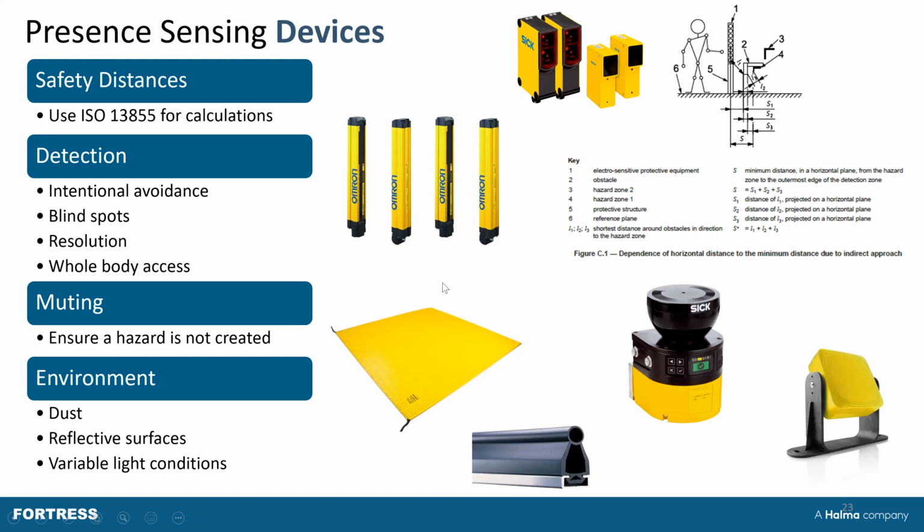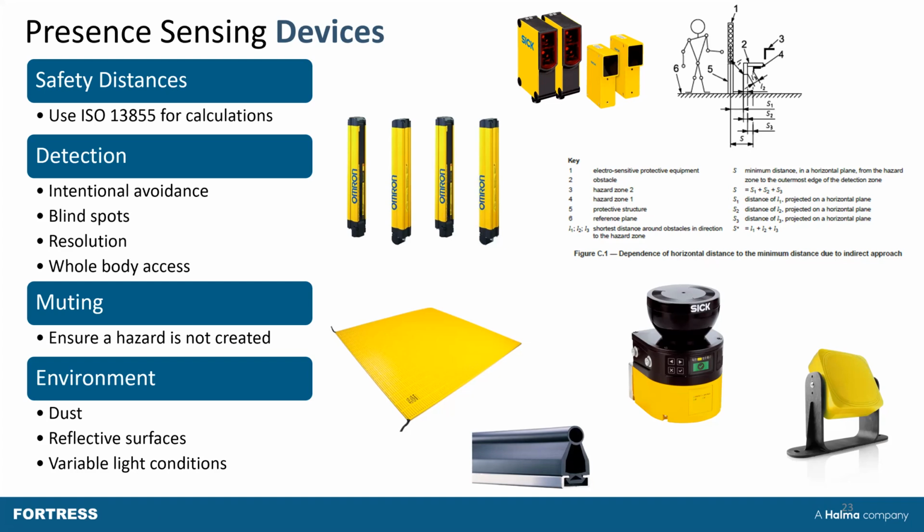You've got to think about your safety distances, because obviously there's no physical guard. Once someone has gone through that barrier or into that area, how long is it going to take them to get somewhere? Is the machine going to be safe by the time they reach it? That's the same as your guard locking, but without the ability to guard lock. So you have to make sure someone can't reach the hazard before it's safe.